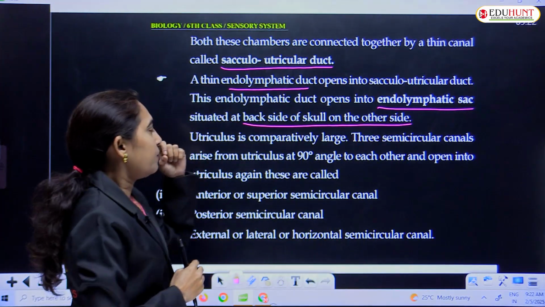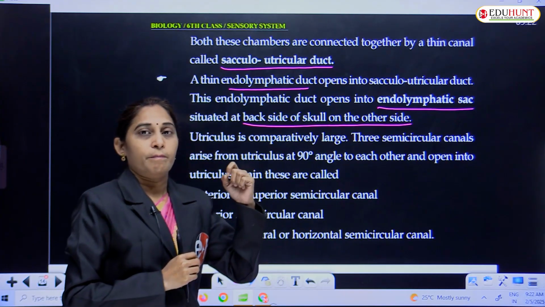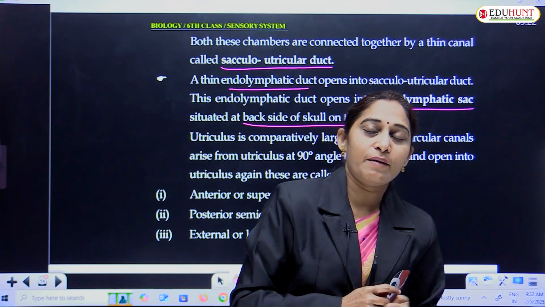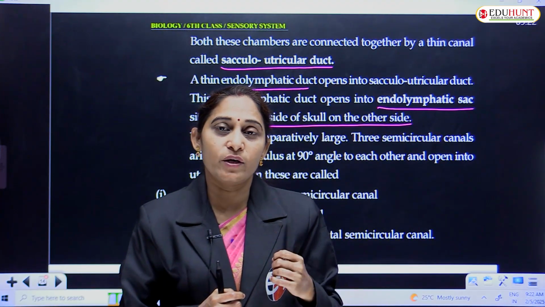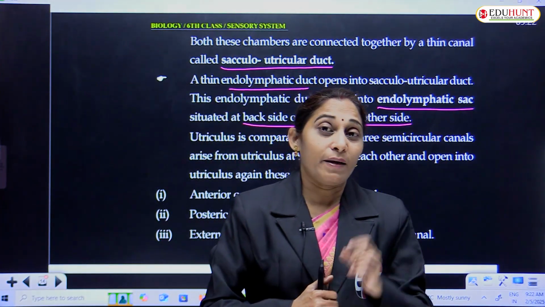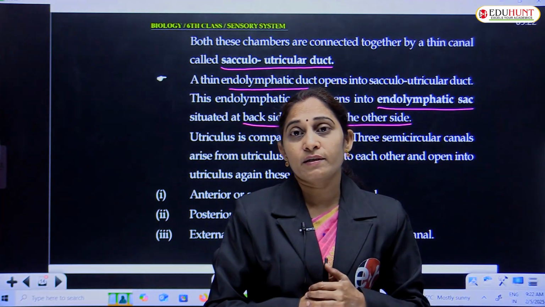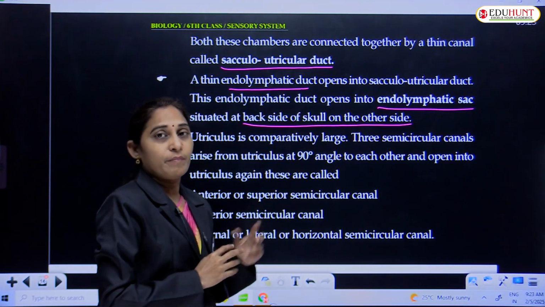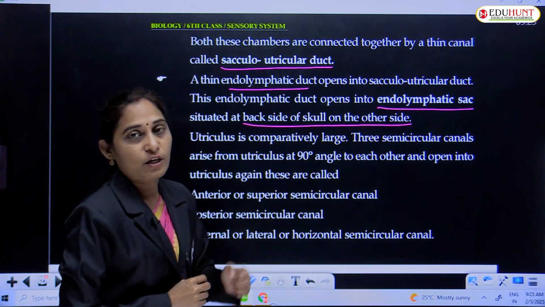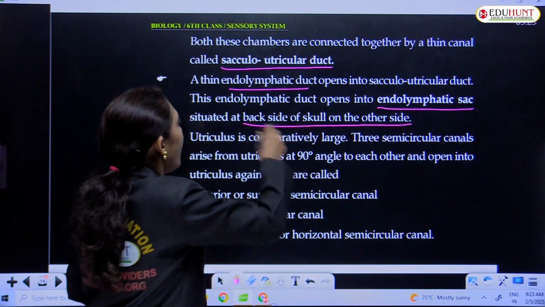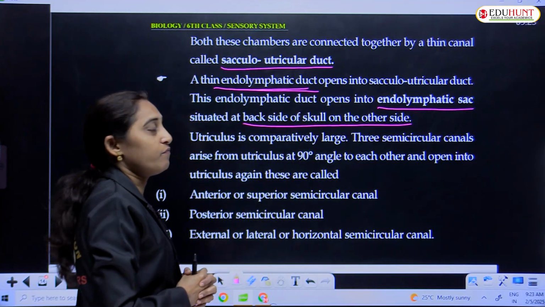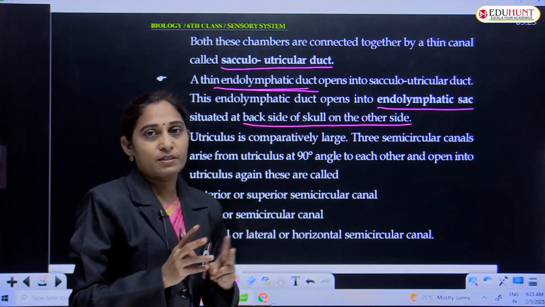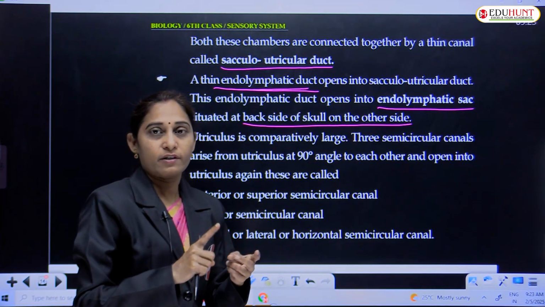That is, మీకు ఇందాకే చెప్పాను, perilymph cavity is the cavity present between the bony labyrinth and membranous labyrinth, which is filled with the fluid called perilymph. మరి membranous labyrinth లో ఉన్న fluid ఏంటి? ఎండోలింఫ్. మనం ఇప్పుడు మెంబ్రేనస్ లేబ్రింత్ గురించి చెప్తున్నాం కాబట్టి మెంబ్రేనస్ లేబ్రింత్ కన్సిస్ట్ ఆఫ్ లిక్విడ్ కాల్డ్ ఎండోలింఫ్. ఆ ఎండోలింఫ్ containing duct is connected to the two chambers, that is sacculus and utriculus.